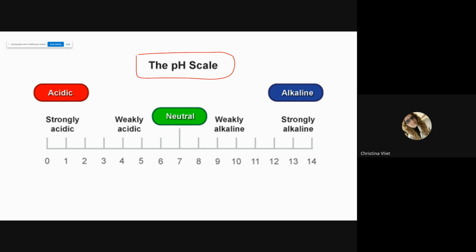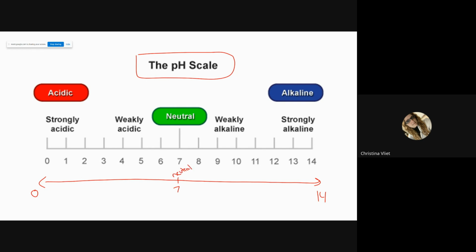So, yes, the pH scale, you should write this down in your notes. It goes from 0 to 14, and really, you should know that it goes from 0 to 14, where 7 is neutral pH.